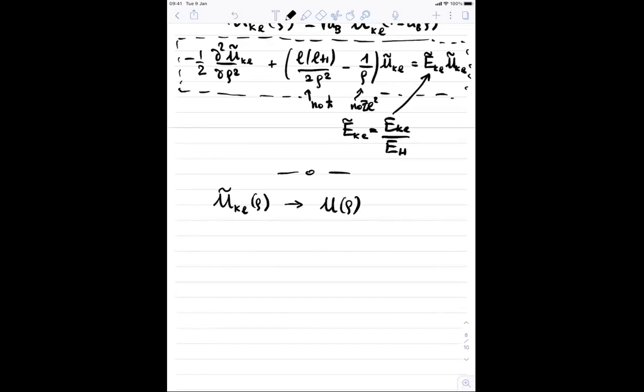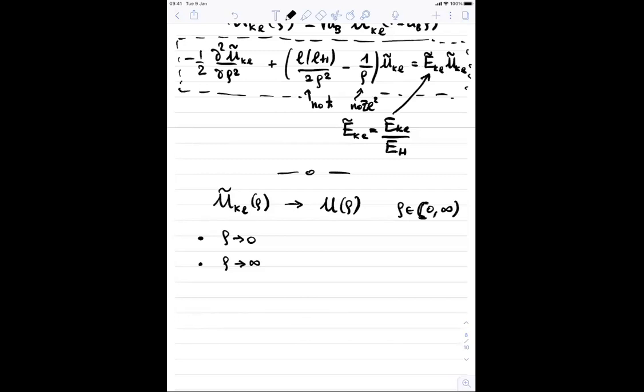The second thing, I would like to know, first, what happens for rho going to 0. The second is what happens for rho going to infinity. After all, I'm working with rho in the interval 0 infinity, and I would like to know what happens at the limits of this interval.